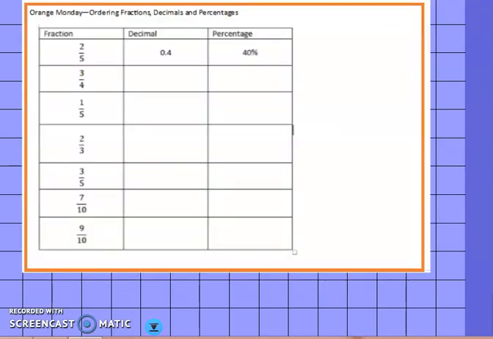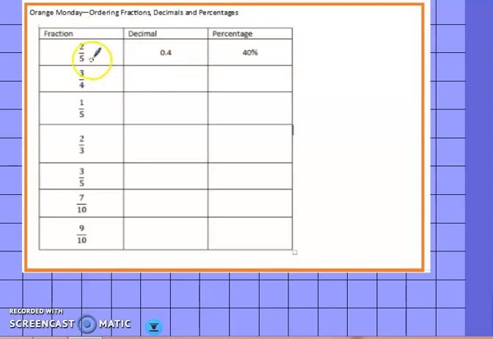This is the same with the orange style questions. You need to make sure that you're changing the fraction to a decimal and to a percentage. So in that first one, you can see that they've done 2/5 is 0.4.